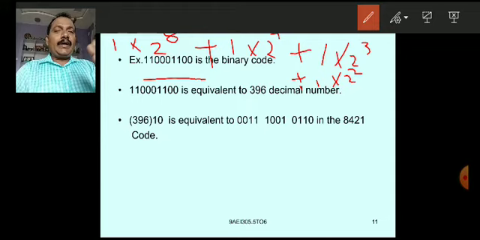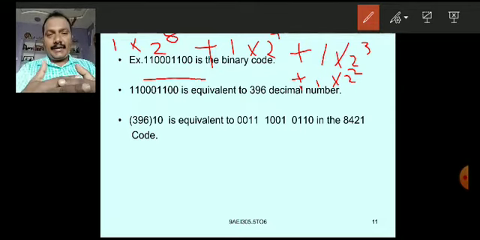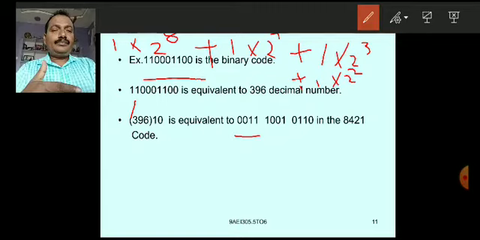So first you have converted the binary number into a decimal number. You got 396. There are 3 digits, and for each digit you have to write its equivalent value of BCD code, 8421 code. Take 3: write 0011. Take 9: for 9, the BCD code is 1001.